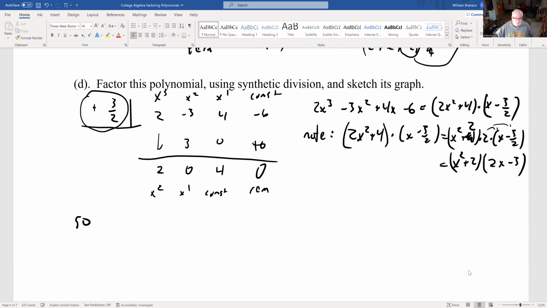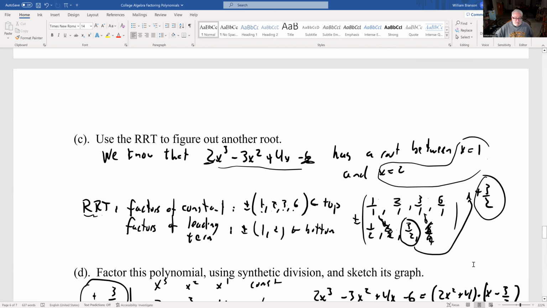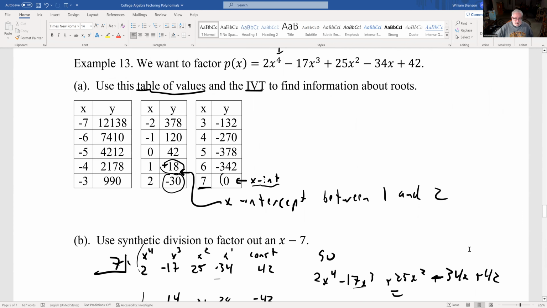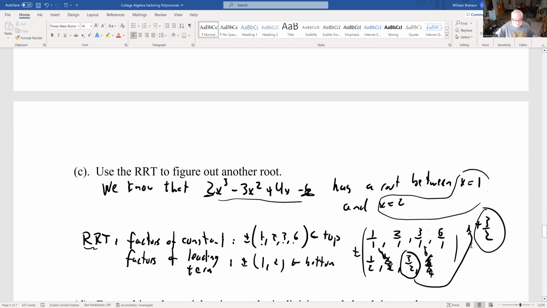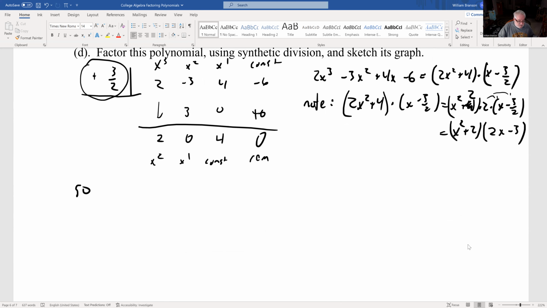So what do we actually have here now? Our original polynomial, way up at the top, is 2x to the 4th minus 17x cubed plus 25x squared minus 34x plus 42.